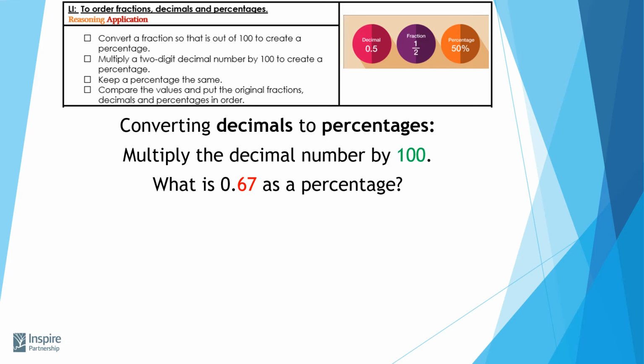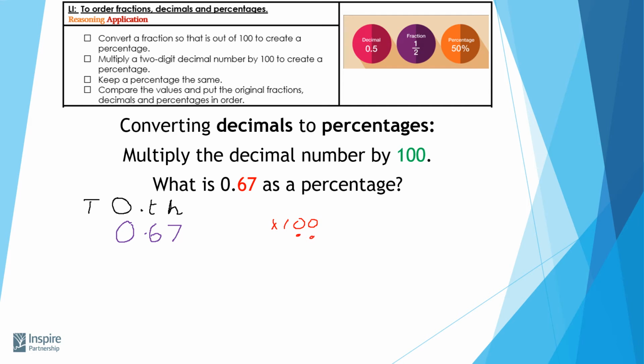Well, if I were to take my number 0.67 and again recap what we did earlier, I'm going to write my place value columns in at the top just so that we're really clear on what we're doing to each of the numbers. So I've got my tens, my ones, my tenths and my hundredths.